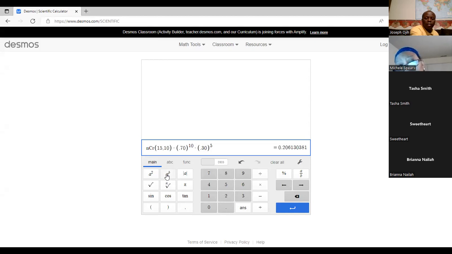Yes. That gives us 0.2061. So I'm going to write it down: 0.2061.